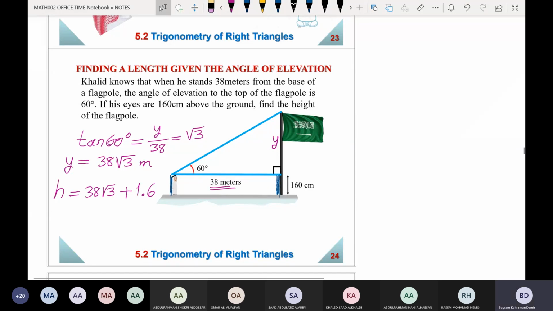So 38 root 3 plus 1.6 meters is the height of the flagpole. Now, is this angle of elevation clear, Shabab?